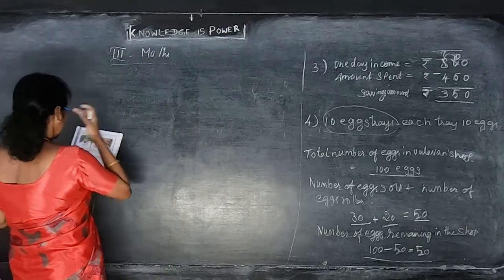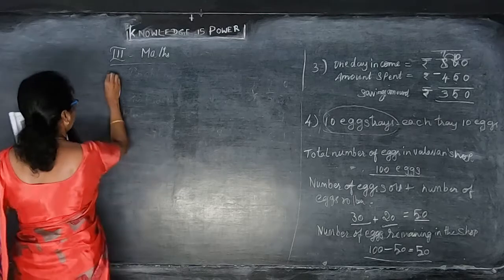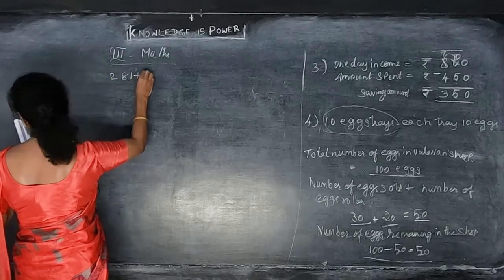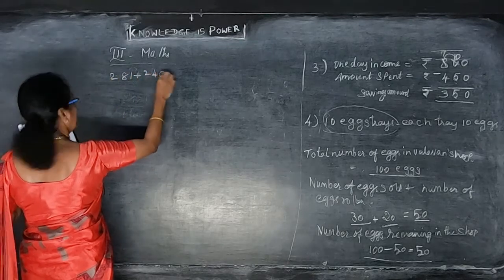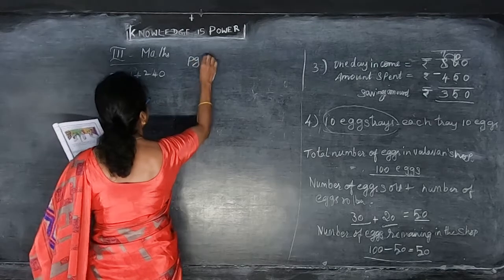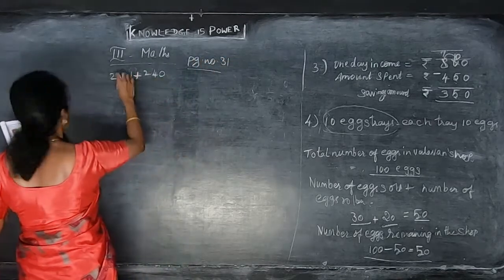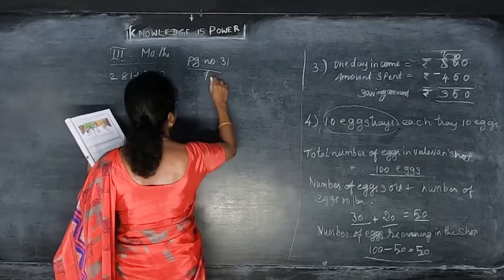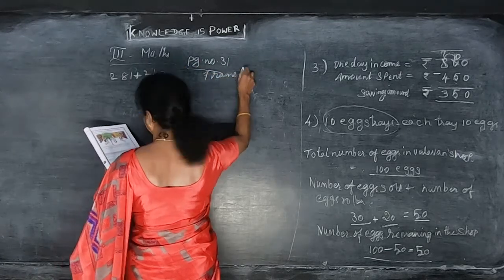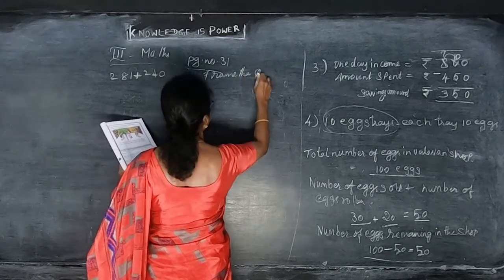Here we are given the numbers 281 plus 240. Page number 31. These are the numbers they have given. You have to frame the questions.